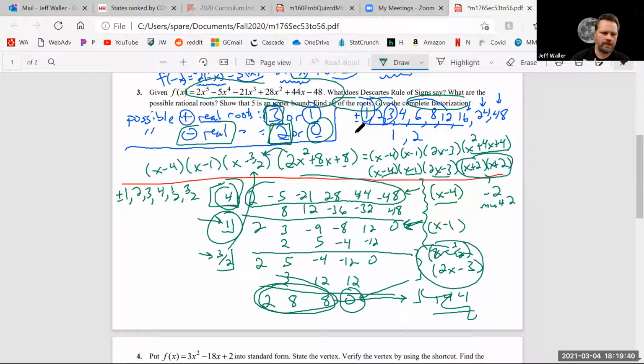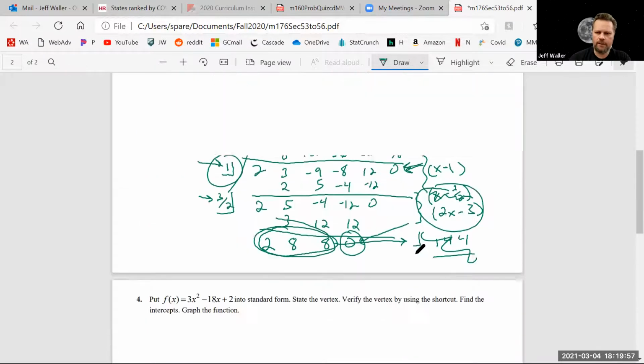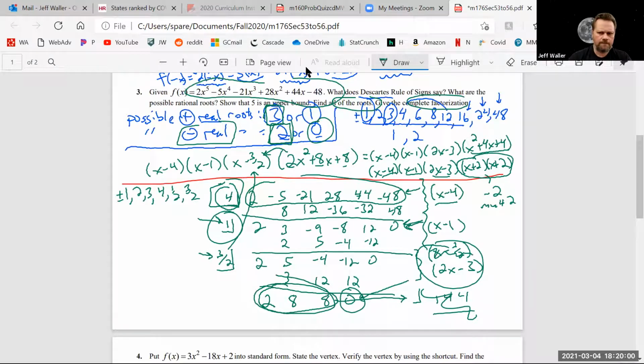I don't want you to be completely on your own to figure out how to factor that, because if you can't, then you can't do the problem, and that sucks. All right. Any questions on that problem?